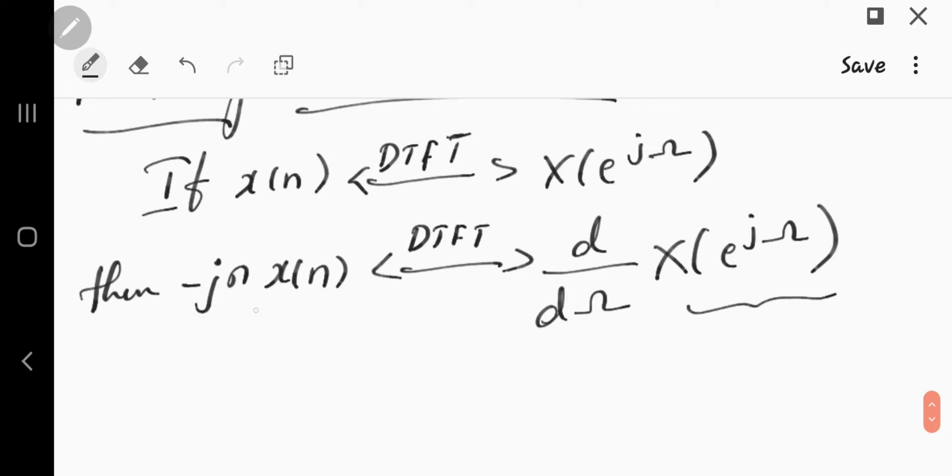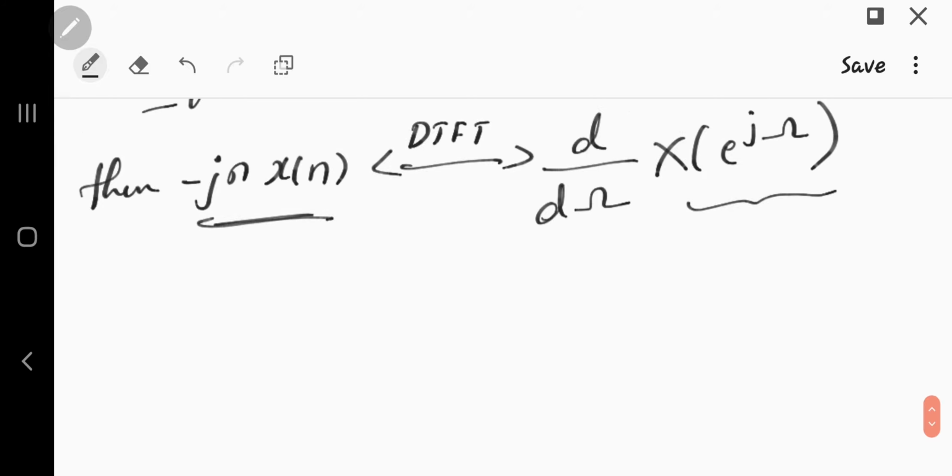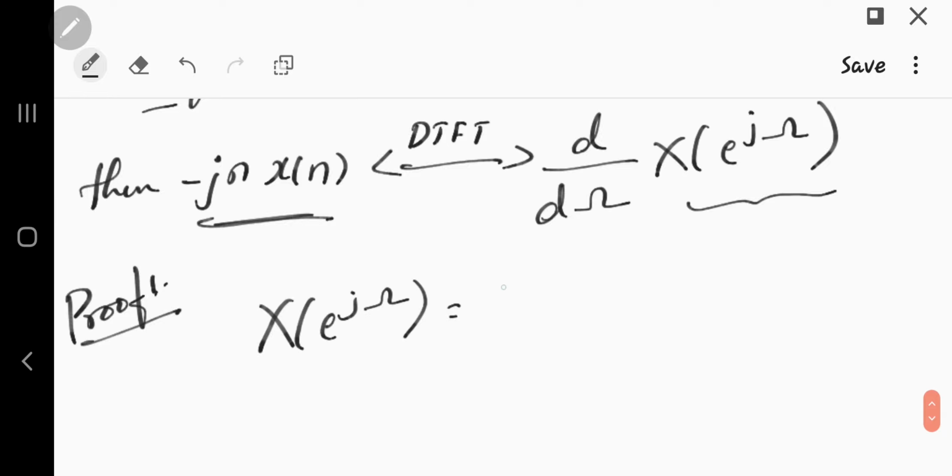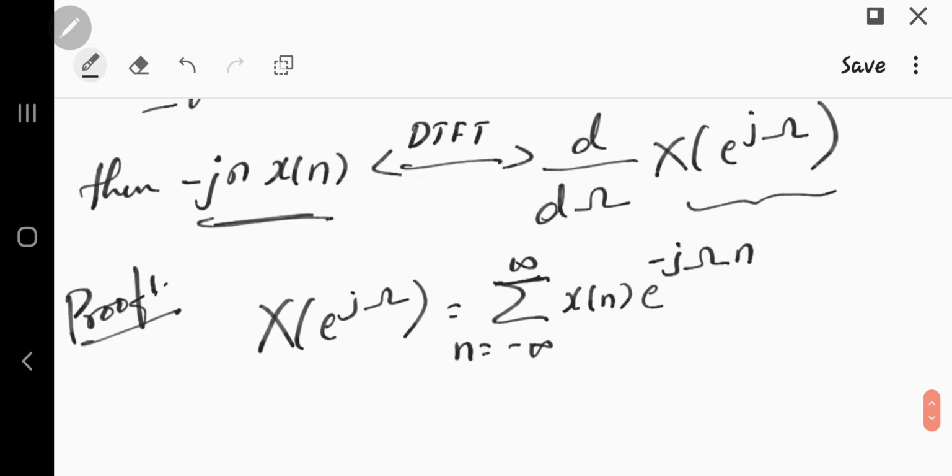If we have a signal like minus j n into x of n, and this signal is transformed, then in the frequency domain we have to perform the differentiation operation. So let's take the proof of this. X of e power j omega is equal to the summation n equals minus infinity to plus infinity of x of n e power minus j omega n.